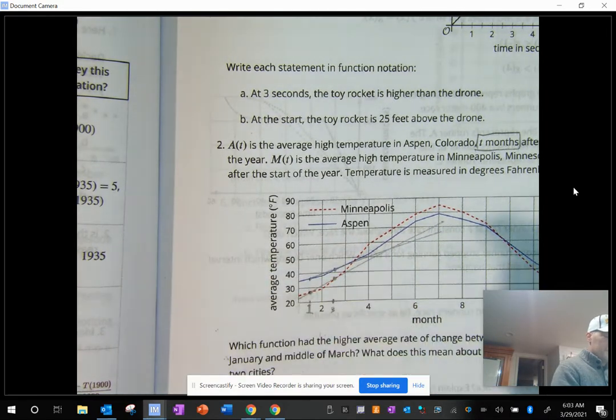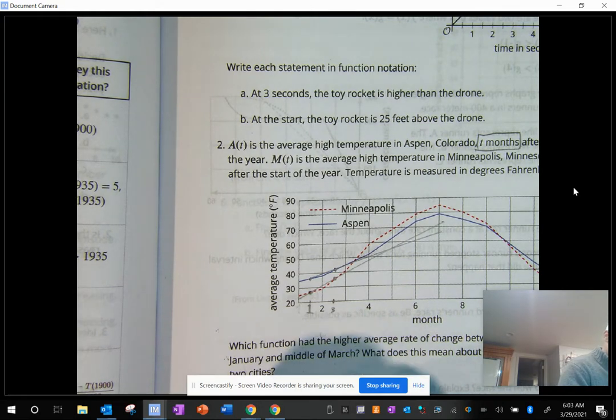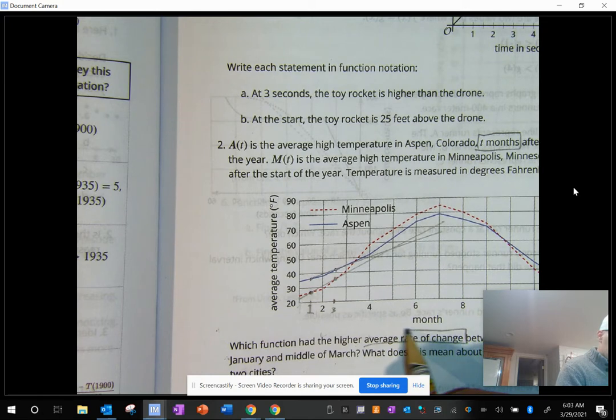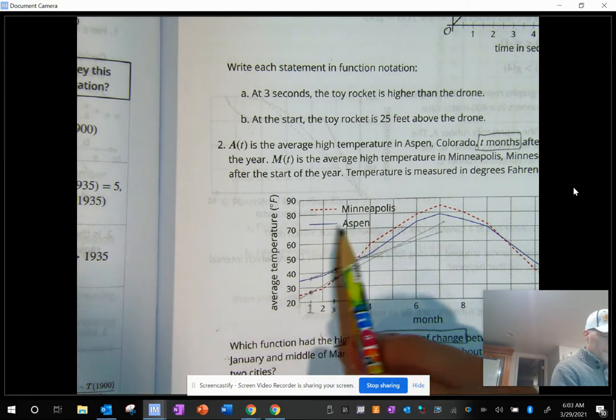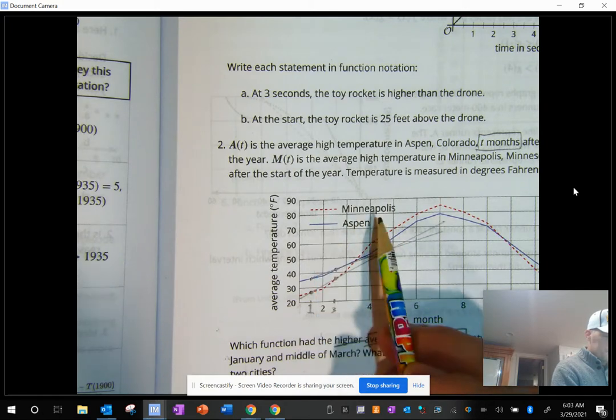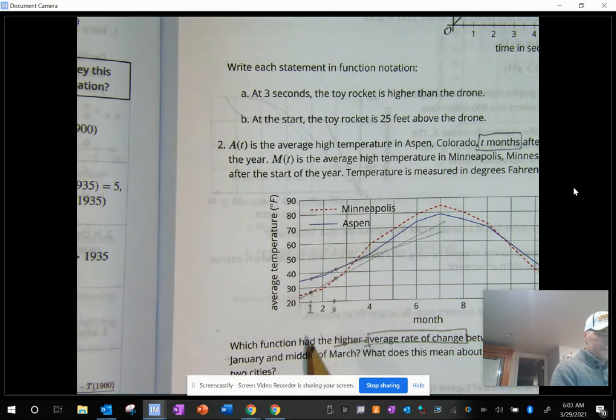So we can say the average rate of change is higher in Minneapolis than it is in Aspen, Colorado, in between these two months, right? So it's higher in Minneapolis.